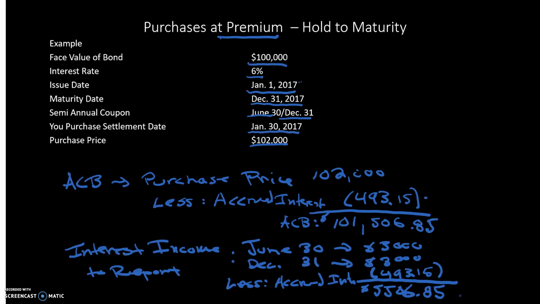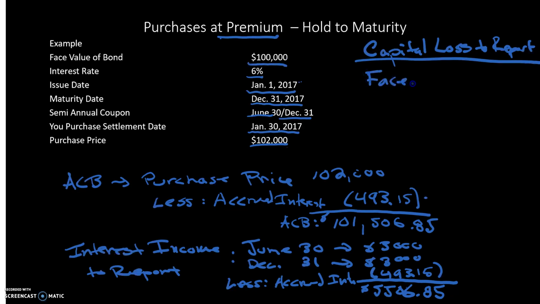Now for the capital loss, we go up here and calculate the capital loss to report. This would simply equal the face value of the bond, which we already know is $100,000, less the ACB.